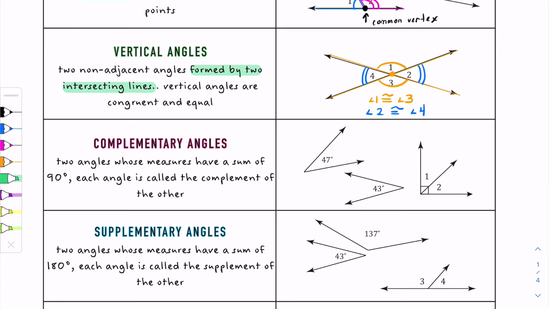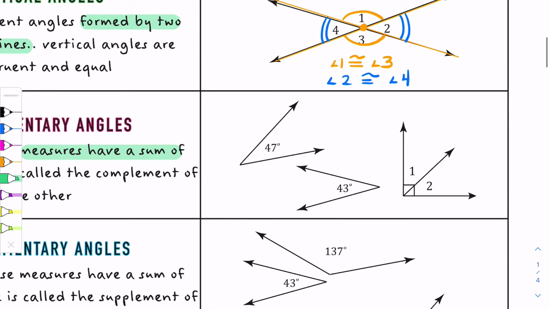Next, we have complementary angles. Complementary angles are two angles whose measures have a sum of 90 degrees. Each angle is called the complement of the other. These angles do not have to be adjacent. They can be two separate angles. Looking at our examples drawn out, these two angles form complementary angles because 47 plus 43 is equal to 90.